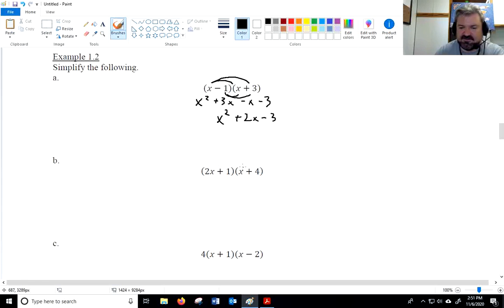All right, let's try the next one. We have 2x times x is a 2x squared. Then I get 2x times 4, so plus 8x. Now I use the 1, making this plus x and plus 4. So we have 2x squared plus 9x plus 4.